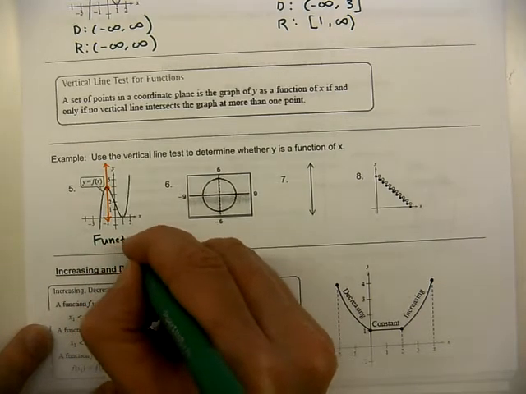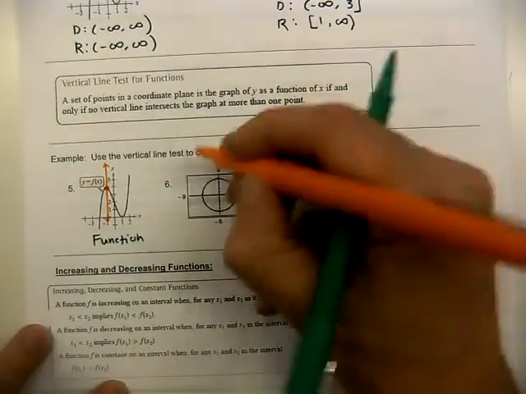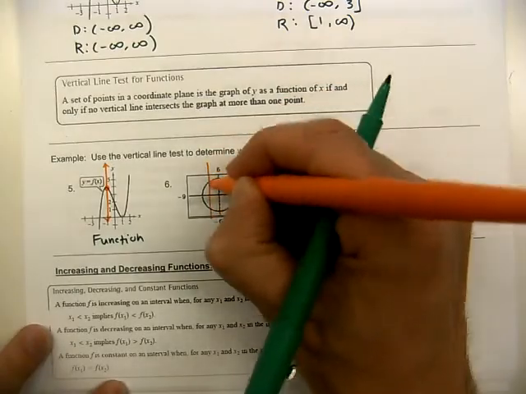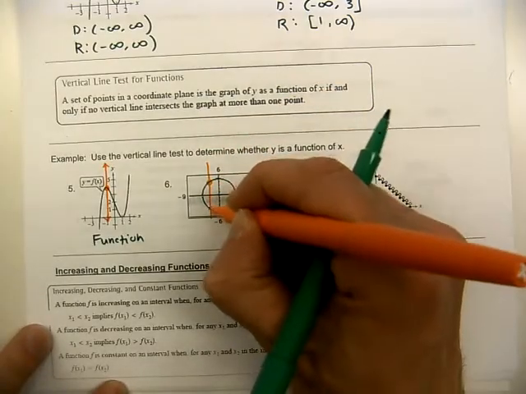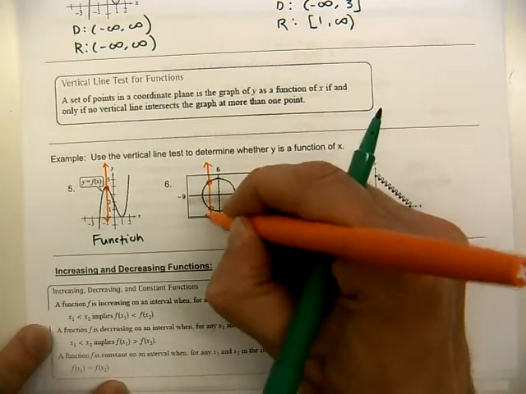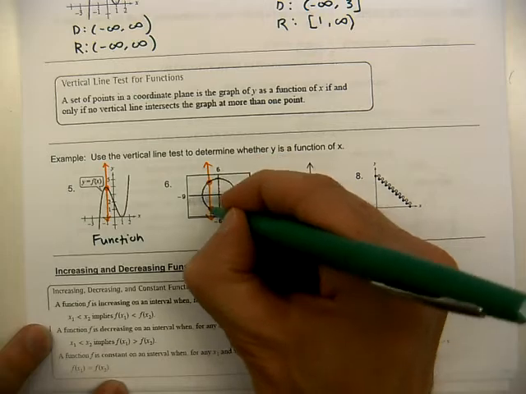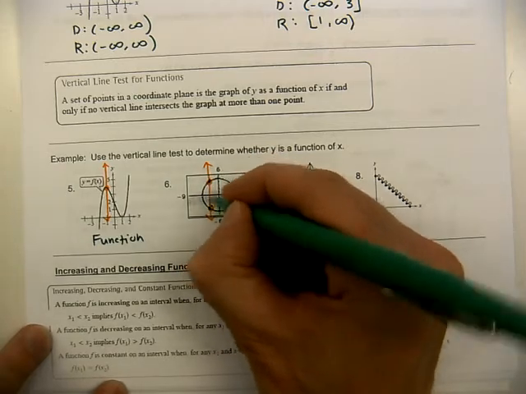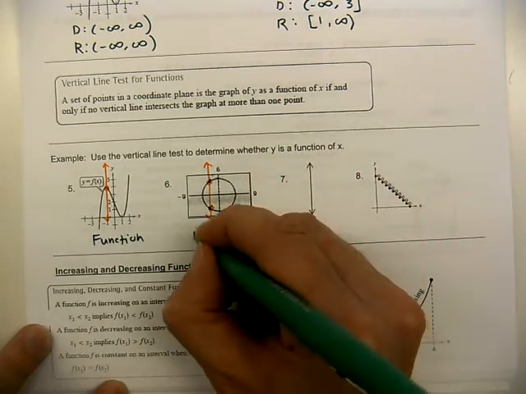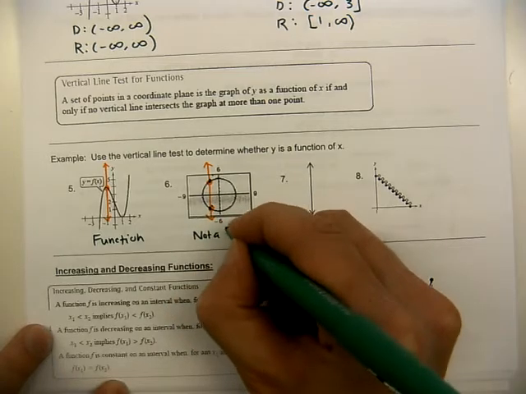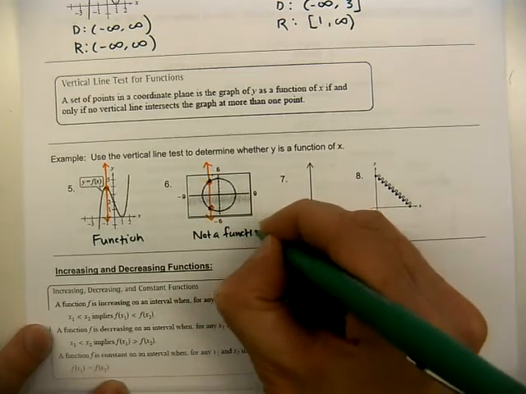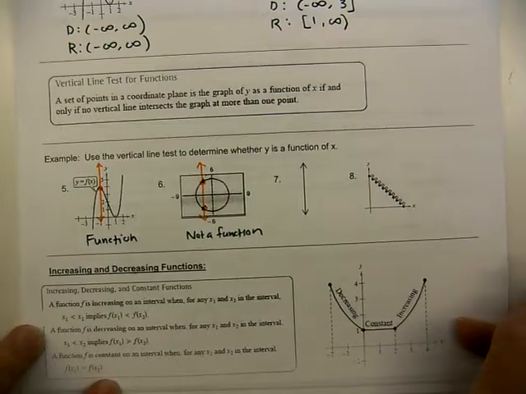It is a function. However, if you give it a vertical line test and you can find a spot where the vertical line touches the graph in more than 1 point of intersection, that means you have 1 input but 2 outputs. You have 2 y-coordinates here on the circle. So that is not a function. That's a pretty quick and easy way to determine visually if it's a function or not.